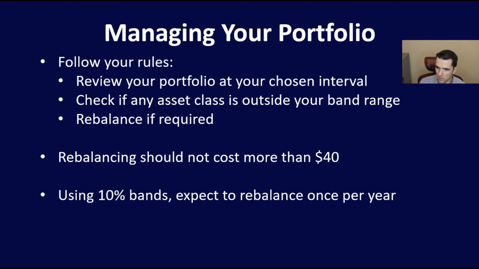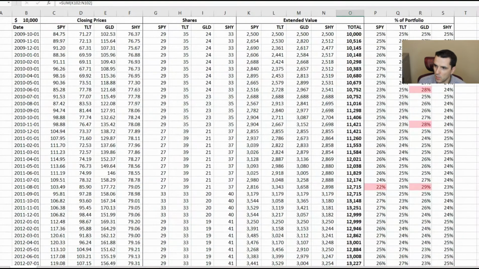And just to give you a little bit of an idea of what that looks like, this is just a spreadsheet going back to 2009. If you invested $10,000 in each of those asset classes from the 1st of October 2009, the highlighted numbers are just the points at which those asset classes fall outside of those 10% bands, and which would require you to rebalance.